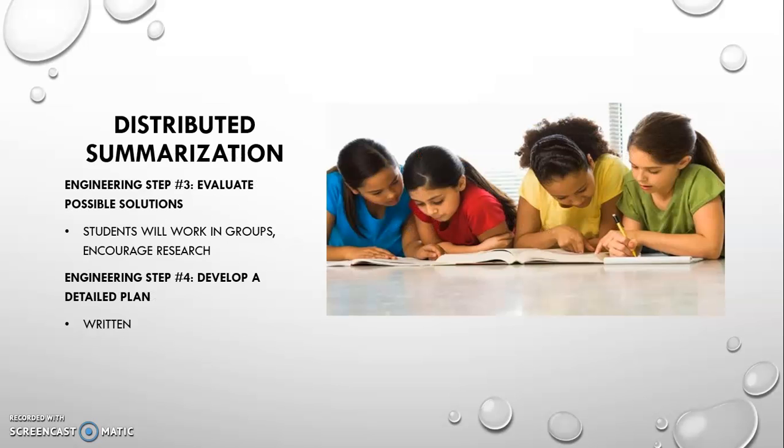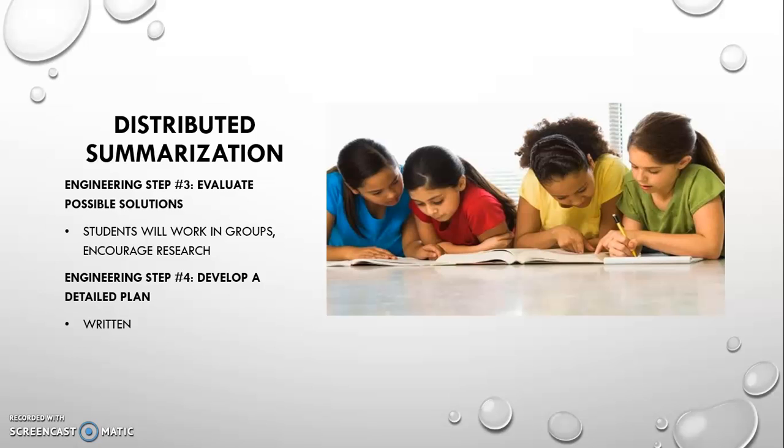Then in my lesson plan, we switch to a step called distributed summarization, and this is a large portion of the lesson. This is where students are hands-on working with the material. So this is where engineering step number 3 would come in, evaluate possible solutions. So I would divide my students up into groups, and I would have them try to figure out how could we best get this oil out of this container. I would encourage research.